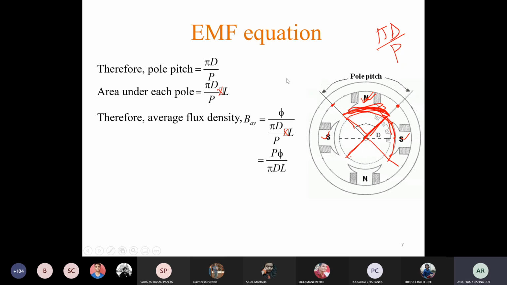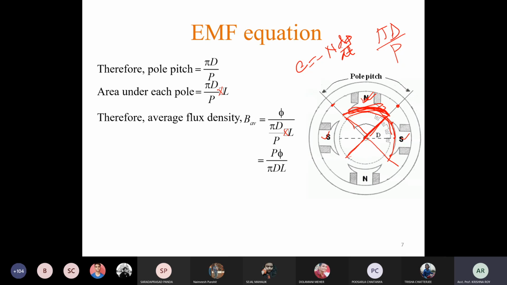Now how to calculate the induced EMF? We know the induced EMF is calculated using Lenz's law, that is E equals minus n d phi by dt.